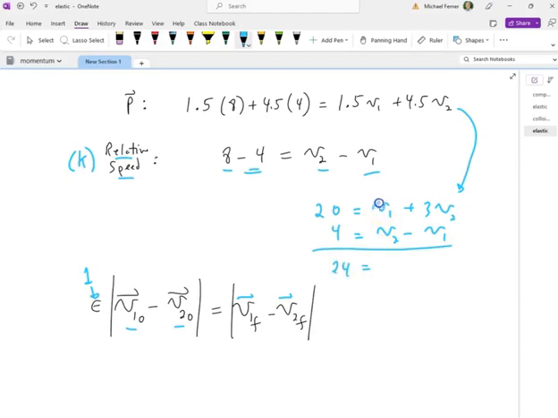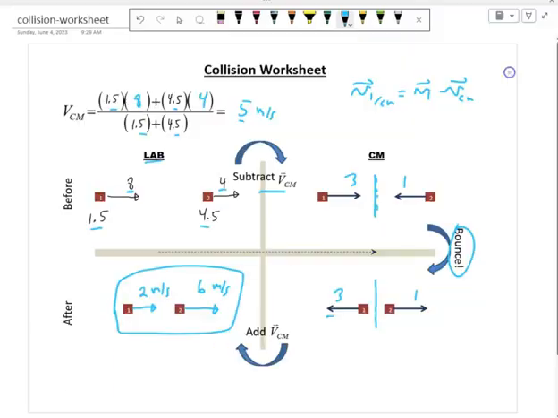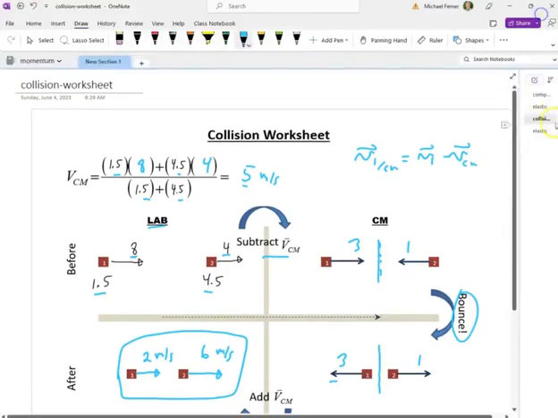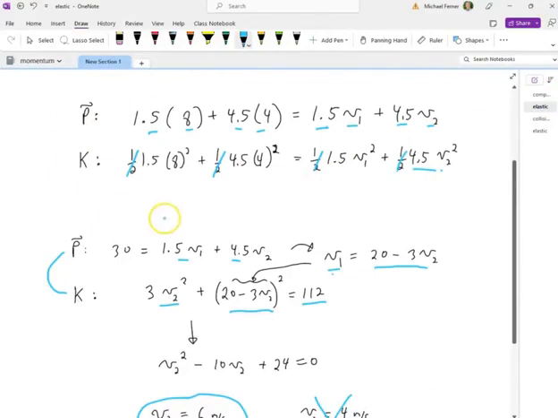So 24, the v1s are out. I get 4v2, so v2 equals 6, which I then back substitute up here, and I get v1 is 2. So same answers with both momentum and relative speed conservation, the collision worksheet, or the original method of conserving momentum and kinetic energy.